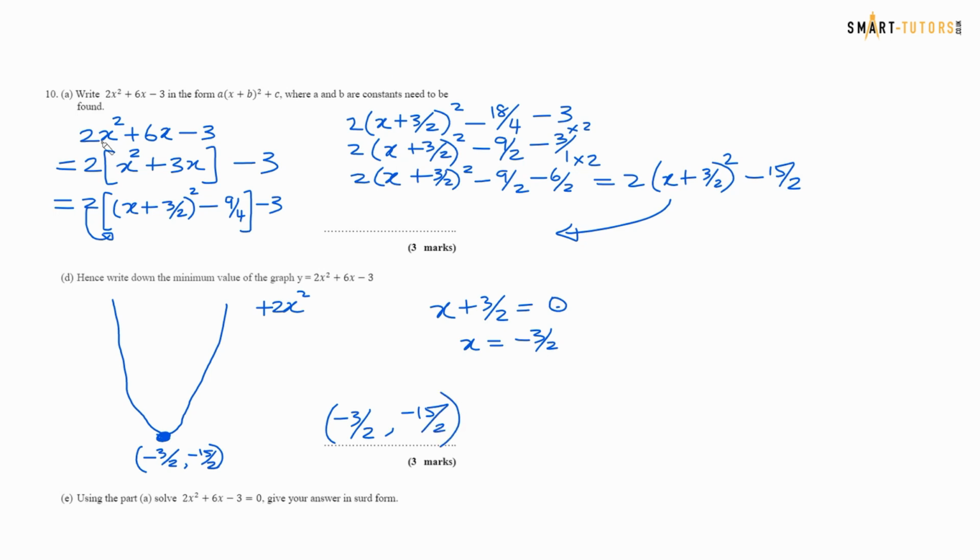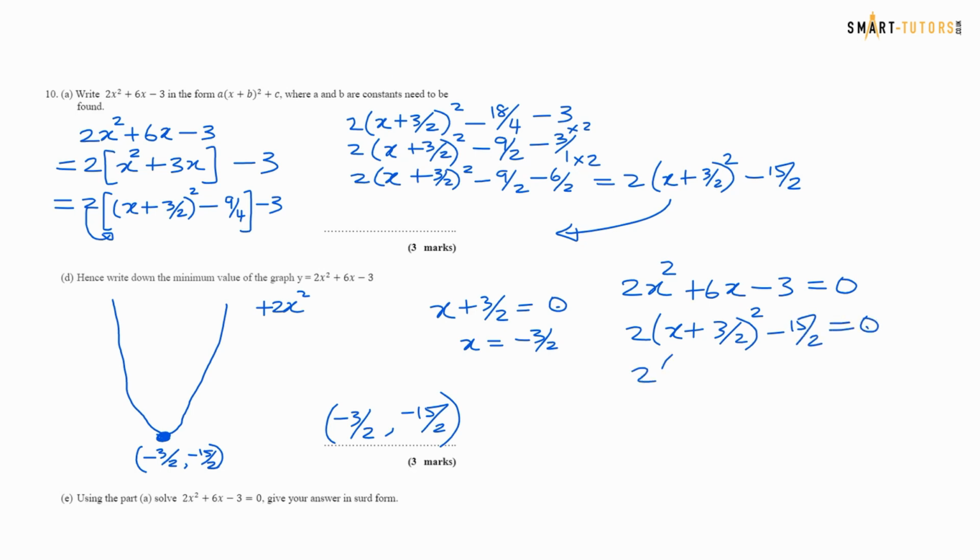The last part, solve the equation and give the answer in the surd form. So the question is 2x squared plus 6x minus 3 equals 0, which can be written as 2(x plus 3 over 2)² minus 15 over 2 equals 0.